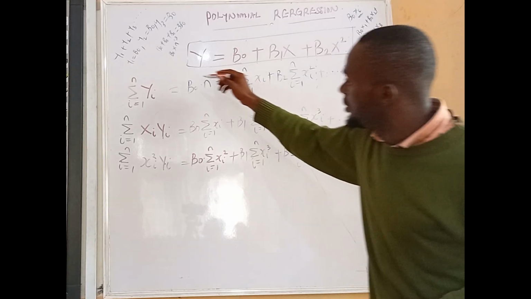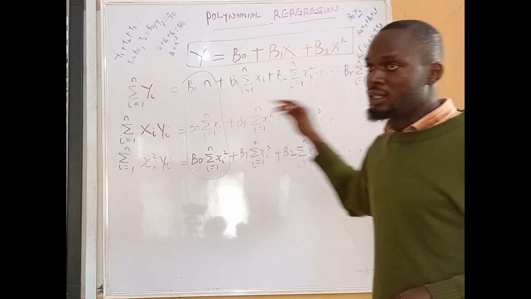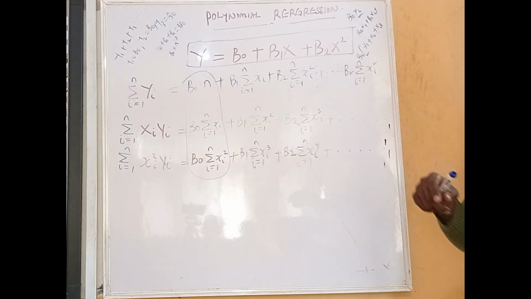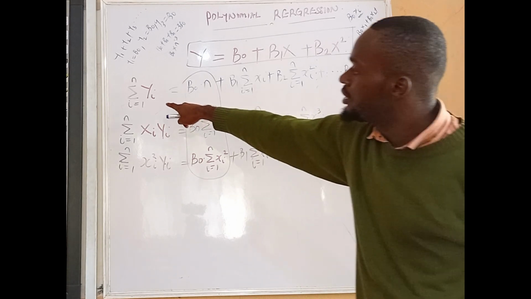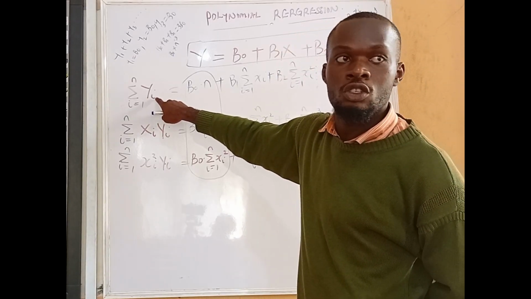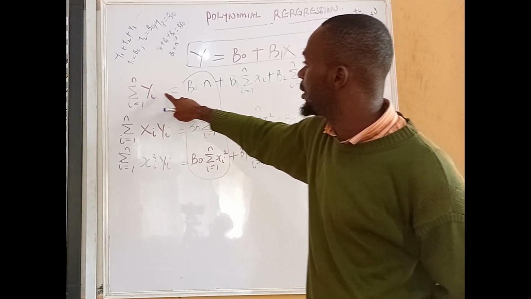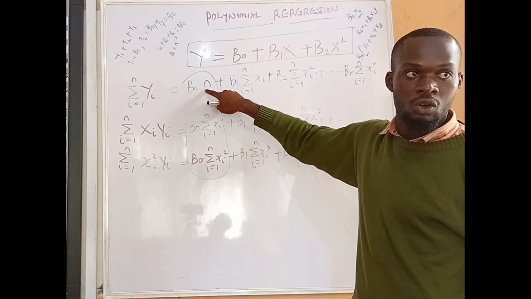Once you know this first one, this is the rest. So we have an example that says fit a polynomial to the following data. That's page 12. So this one means that we should sum all values of y. We put it here. Then we know n is the total number of samples or population.